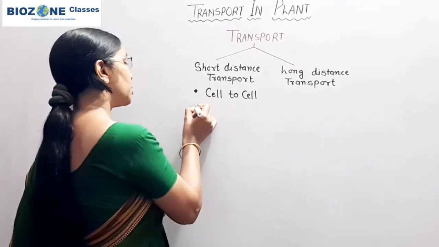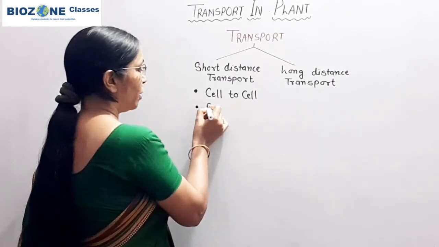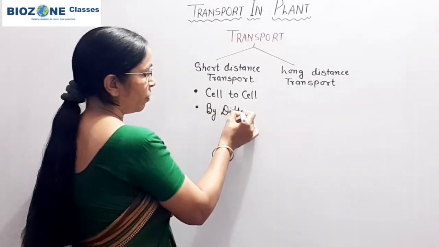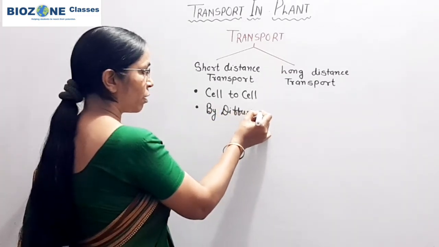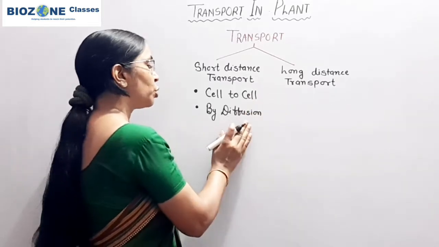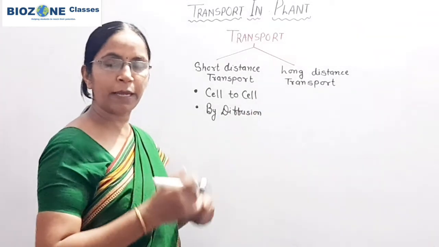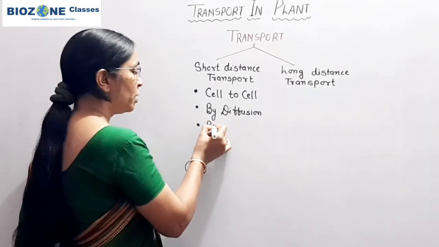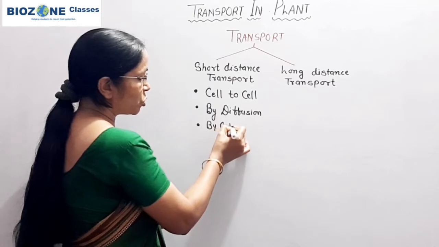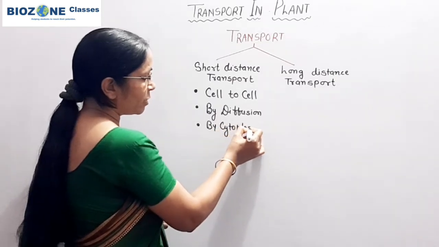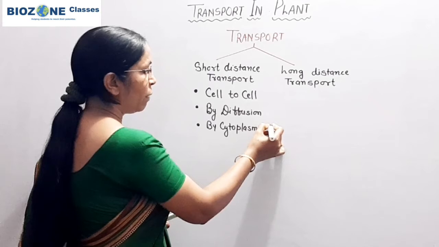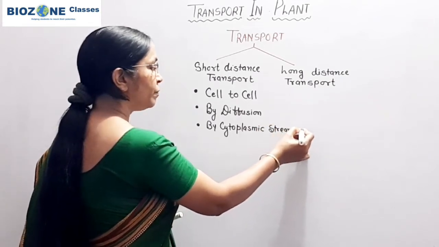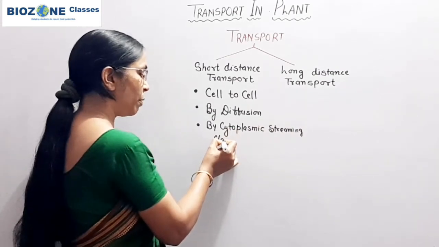Short distance transport either takes place by the process of diffusion, which we will study in our coming sessions, or by cytoplasmic streaming.